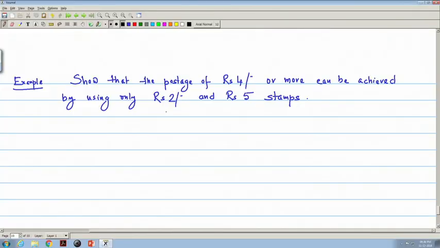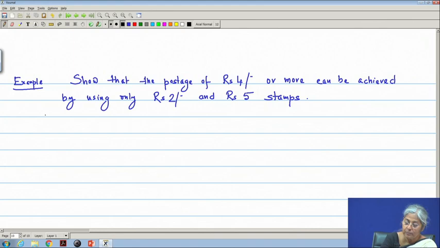We can just add another stamp of ₹2 and we will get the postage of ₹n. That means, say the proposition is Sn, the proposition of that postage of ₹n.